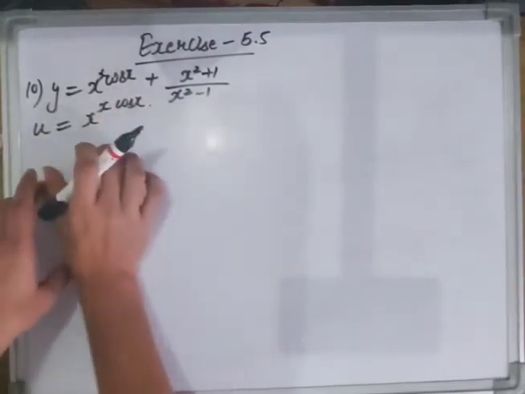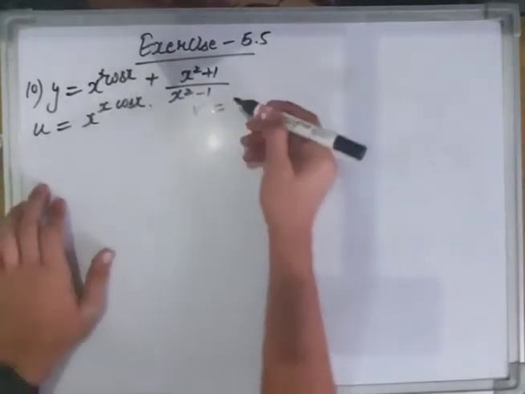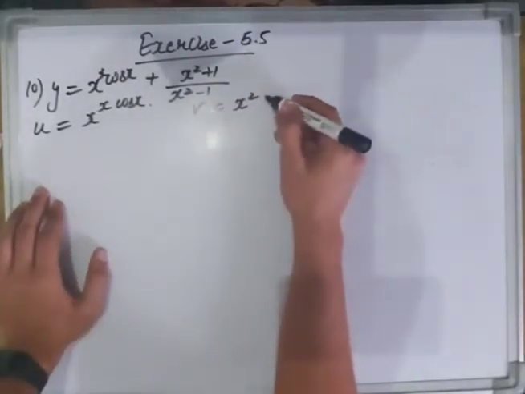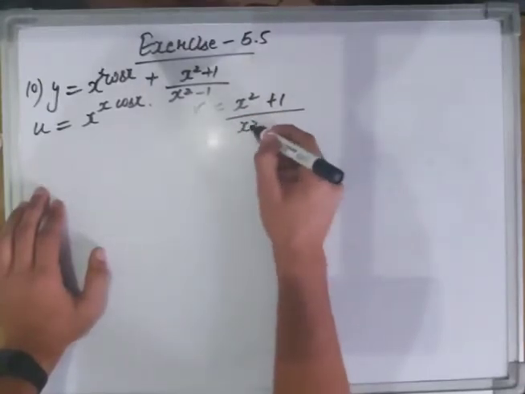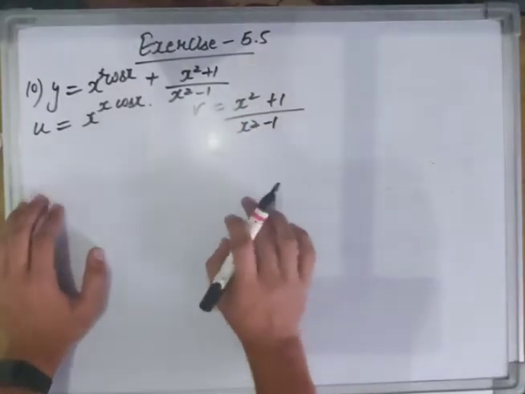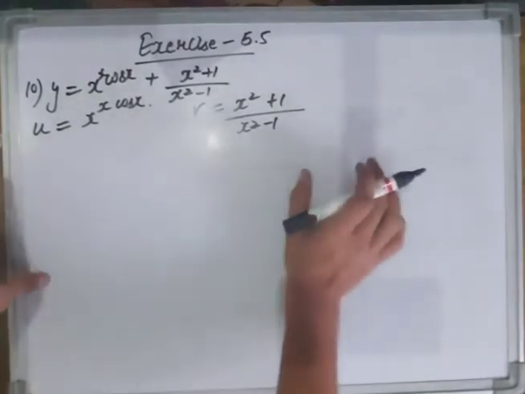I am assuming u as x to the power x cos x and v equals x square plus 1 upon x square minus 1. This is our v, and we will differentiate these two functions differently.